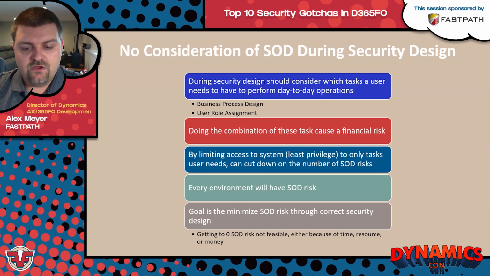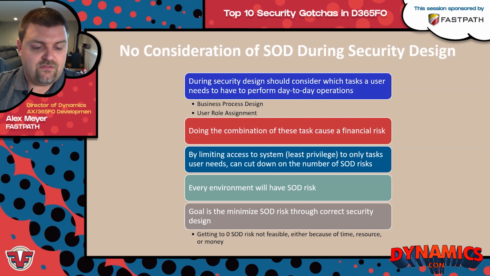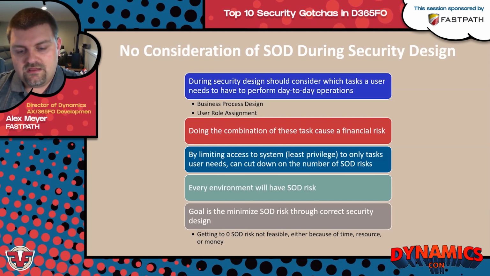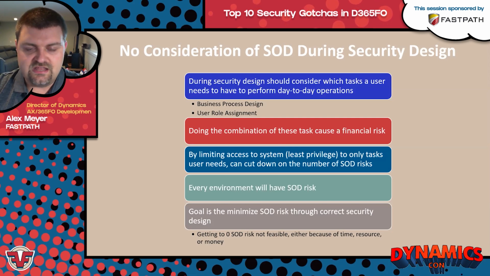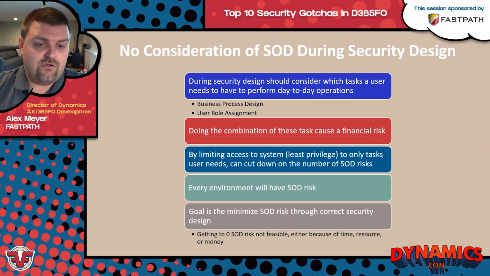You just want to try to minimize those and then have mitigations or process controls for those that you can't get rid of. And we talk about here at the bottom that getting to zero SOD conflicts within an organization isn't really feasible, because you're either going to run out of time, you're going to run out of resources, in this case people normally, or money as you go through this process.